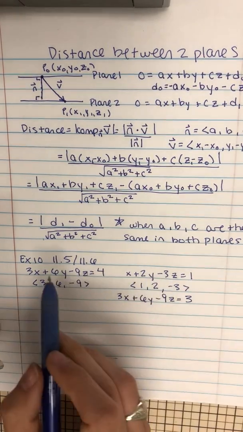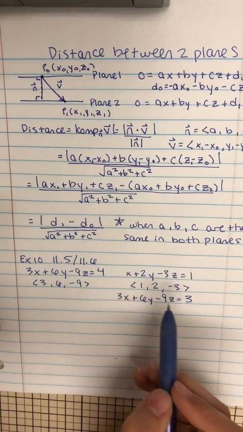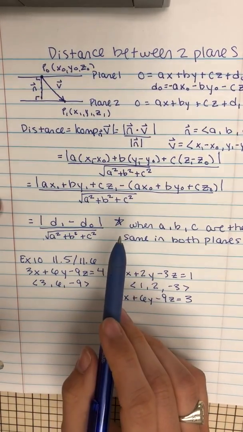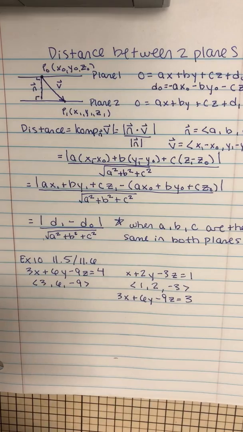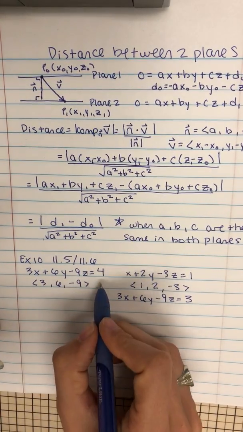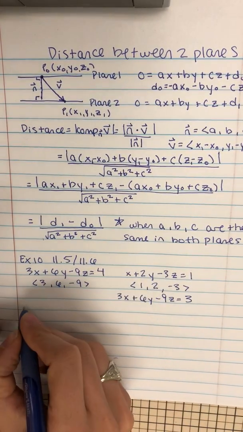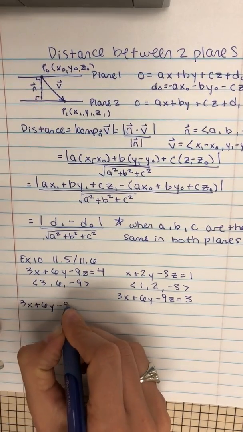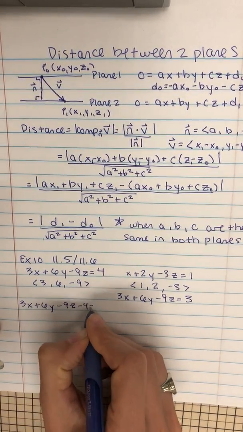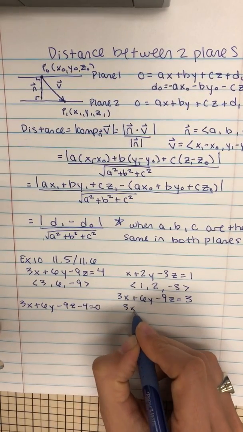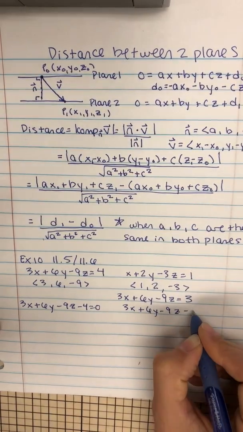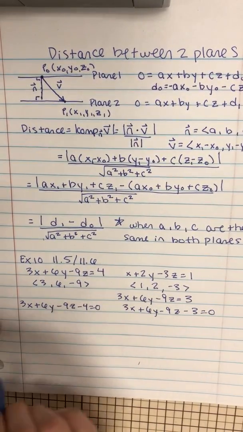Now I have the same A, B, and C. If I look at D, right now it's not in the right form, so I got to move that D to the other side. So 3x plus 6y minus 9z minus 4 equals 0, and 3x plus 6y minus 9z minus 3 equals 0. Now it's in the right form.